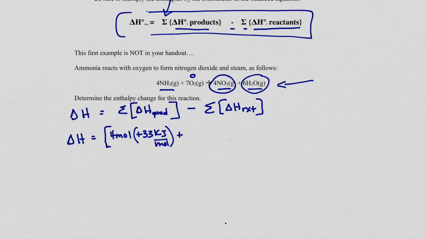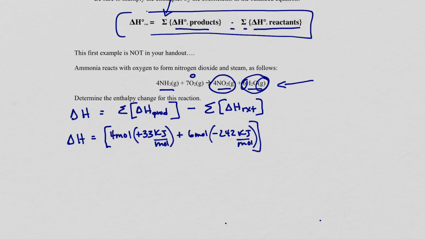I have 6 moles of water. That's just coming from the coefficients, the 6 right there. Now be careful that you looked up the enthalpy of water in the gas form, because there is an enthalpy for water in the liquid form, and it's a simple mistake to make, but the one we want here is negative 242 kilojoules per mole.